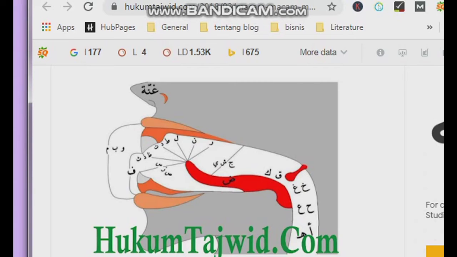Then the next letters, dal and dhal. How to pronounce them? Put the tip of your tongue here. Da. What about the next one? The, the, like that.